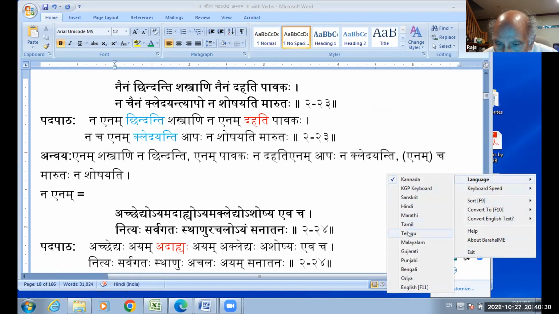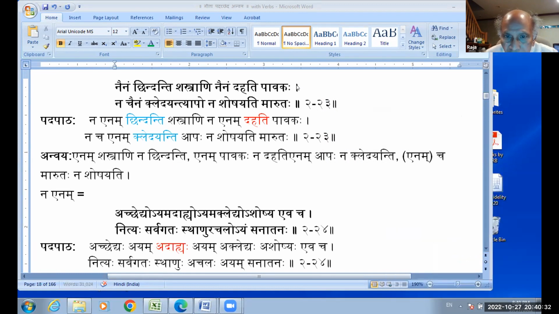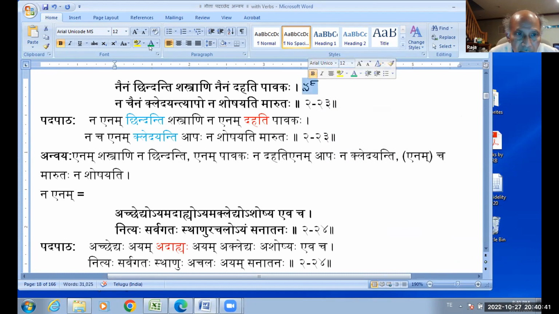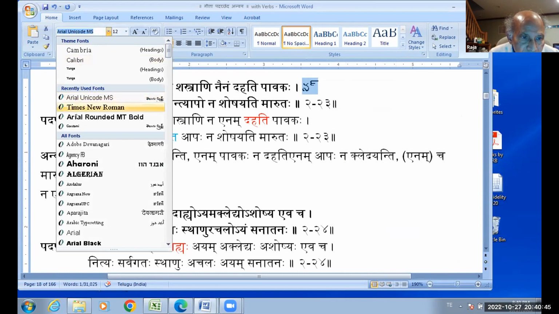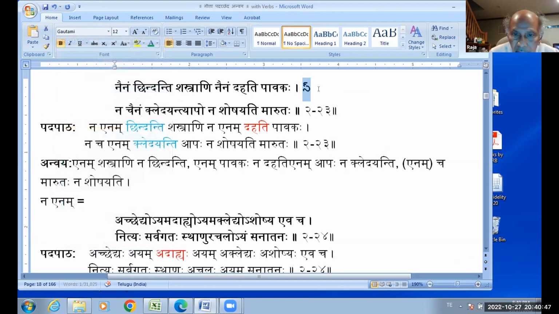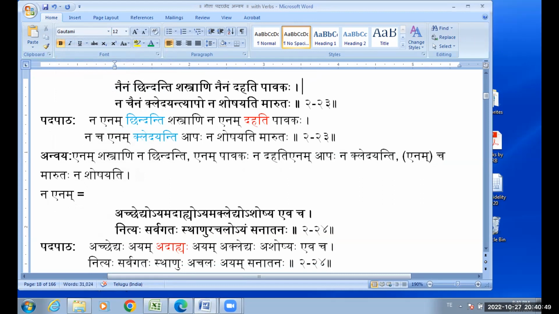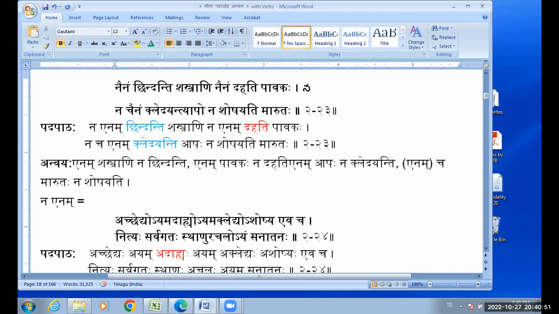Let me take a language I can read, because if I come here, I have to put a proper font here. It is Gautami. Yes, now I got it, sir. I got it on the desktop.